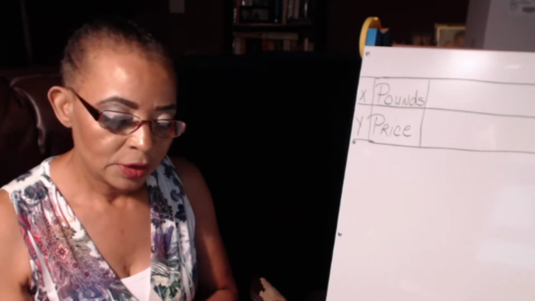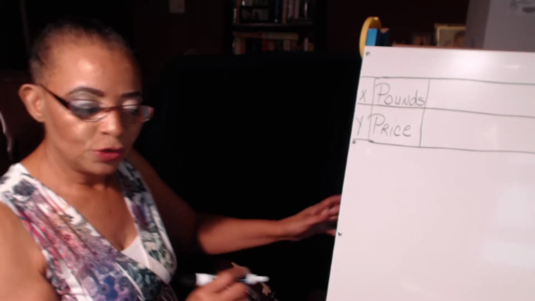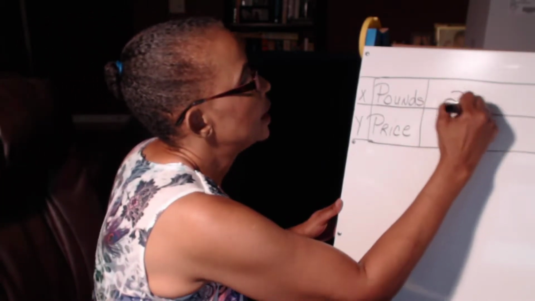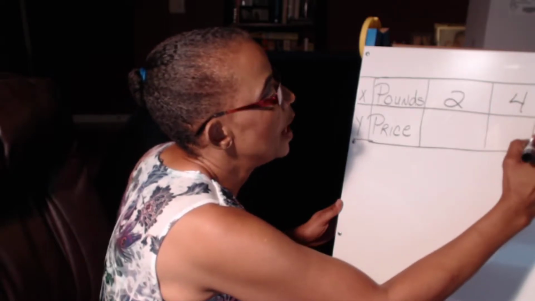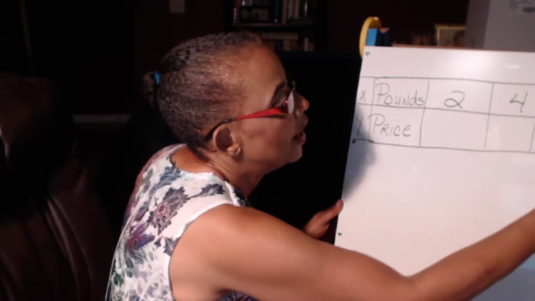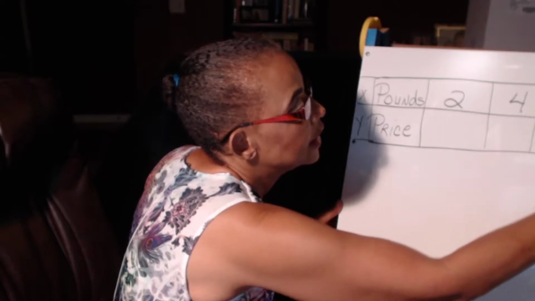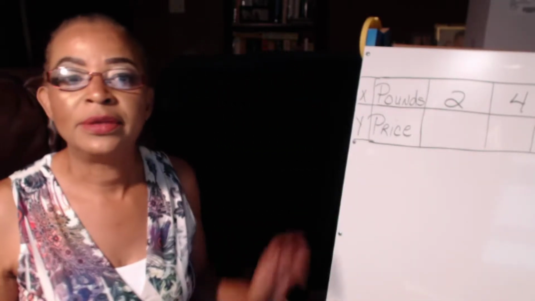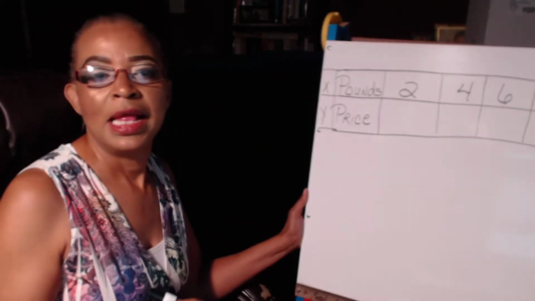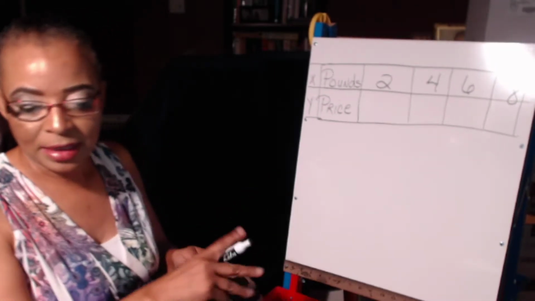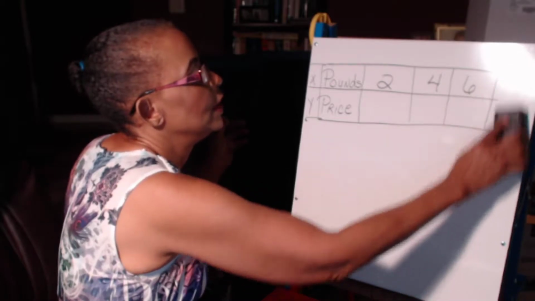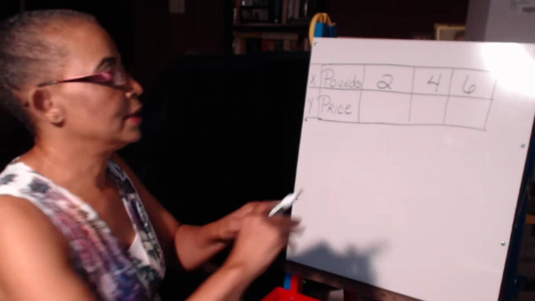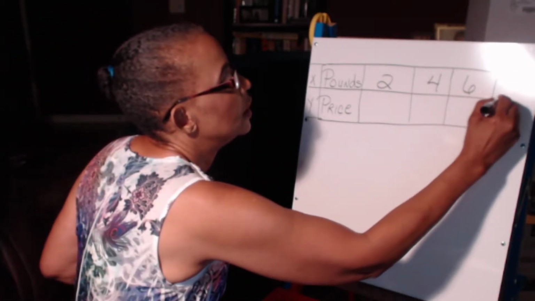So we have 2, 4, 6, and 8. Those are our x values: 2 pounds, 4 pounds, 6 pounds, and 8 pounds. Oh, the 8 is not showing. I am an awful person, aren't I? Okay, so let's put the 8 in here so you guys can see what's going on.